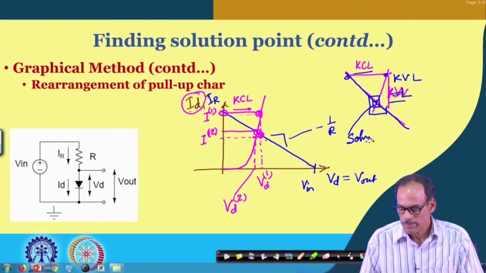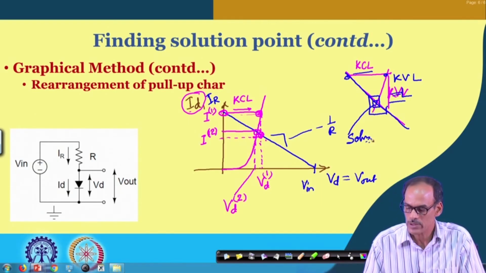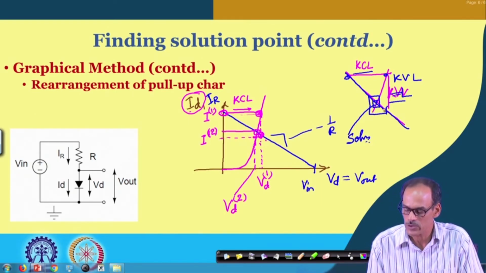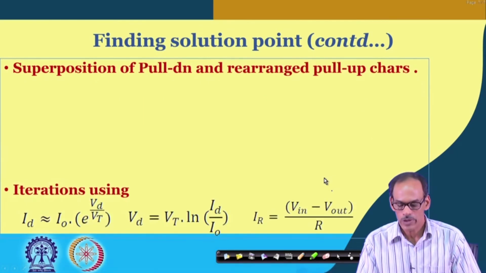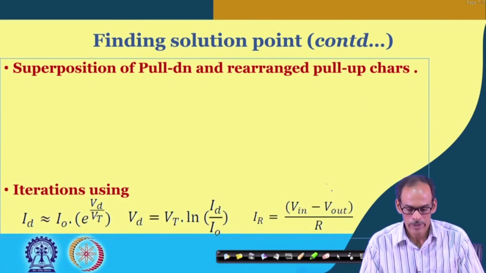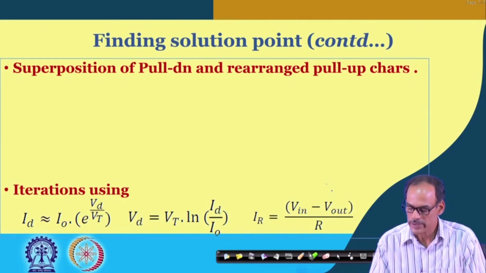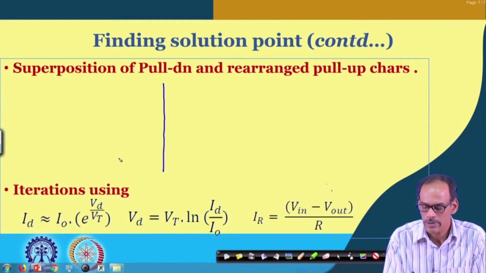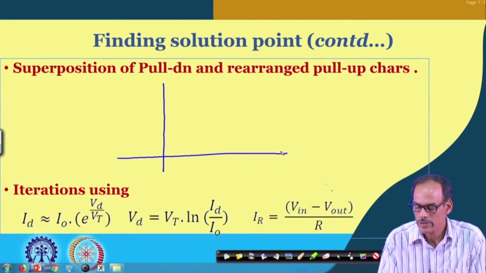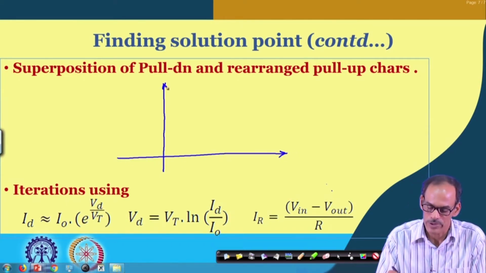Okay, so let us move to what the equations involved in this movement are, to have a better, or rather different, understanding. We already said that we are superimposing the two characteristic curves, respecting both, and iteratively moving to the final solution.